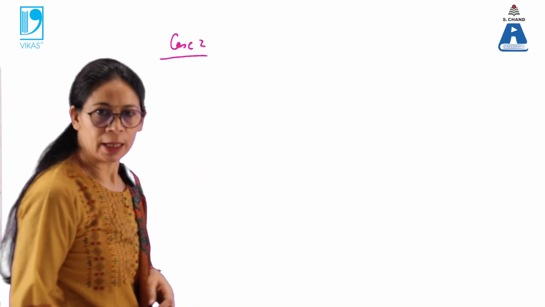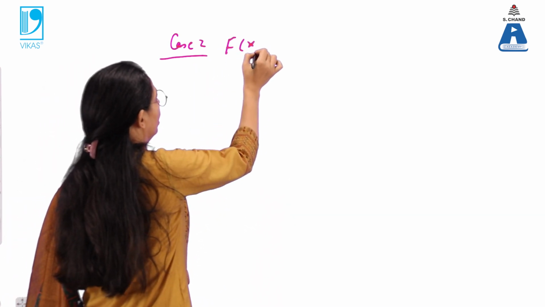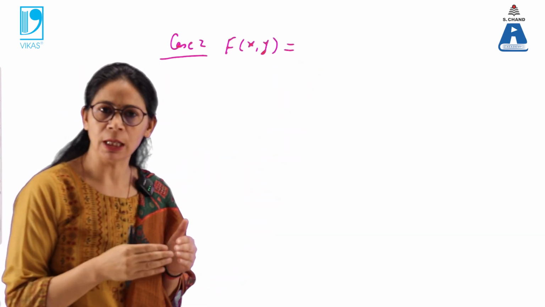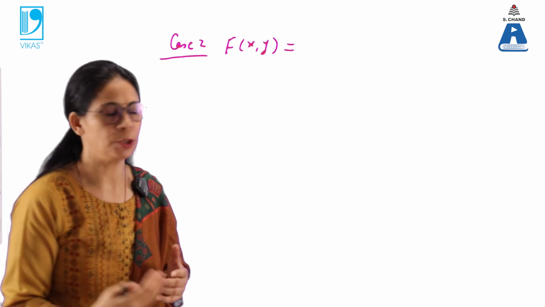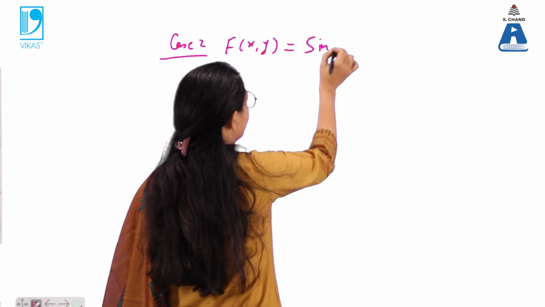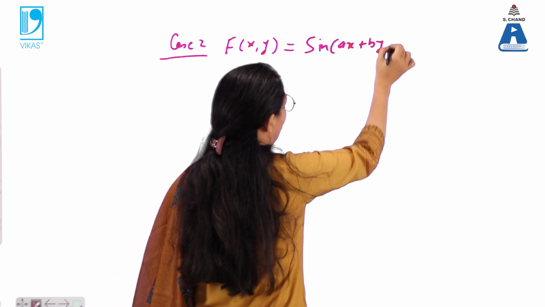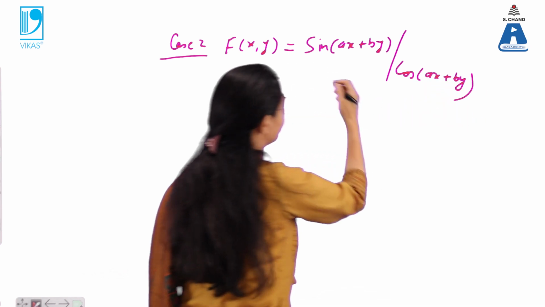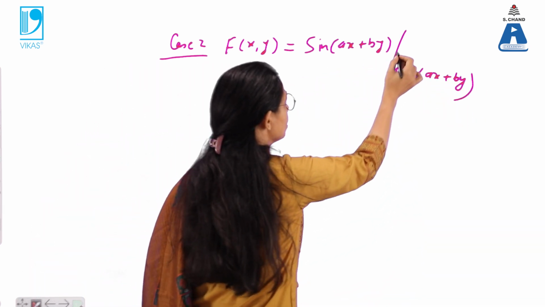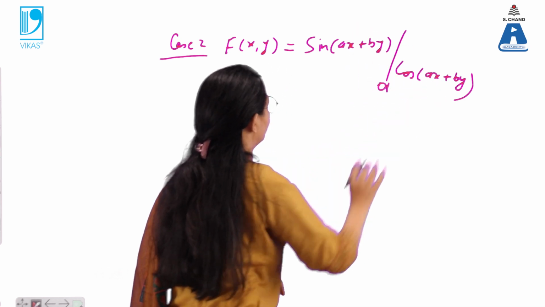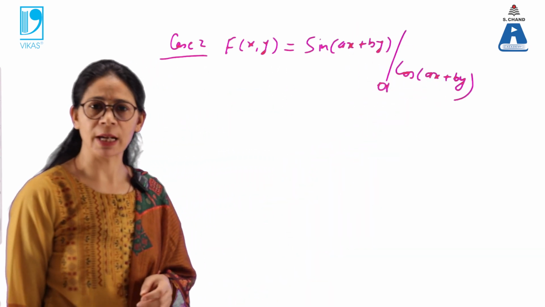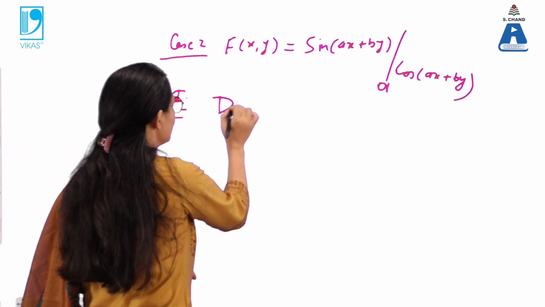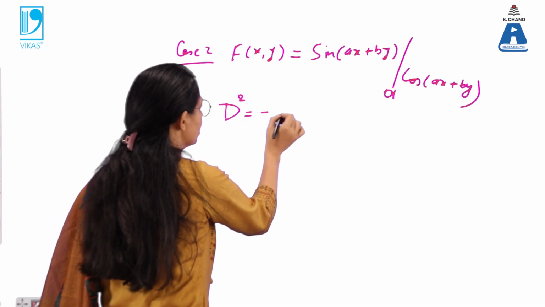Then case 2 is that if f(x, y) is given in terms of sine or cos, and remember that if it is written in terms of sine and cos, then cosec and sec should not be used for this. So it is sin(ax plus by) or cos(ax plus by). Both the forms can be dealt with in a similar manner, therefore we are taking them together. So if f(x, y) is given in this form, then the PI can be written by replacing D square with minus a square.